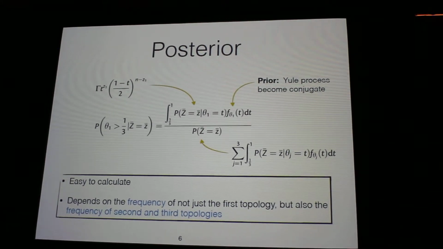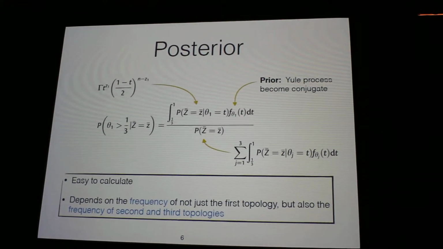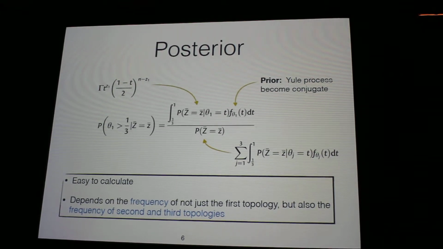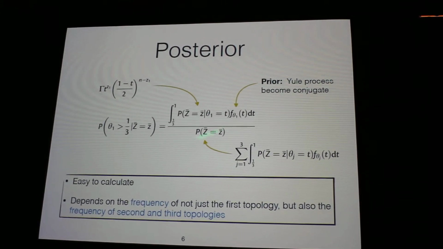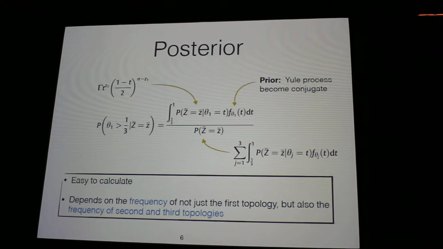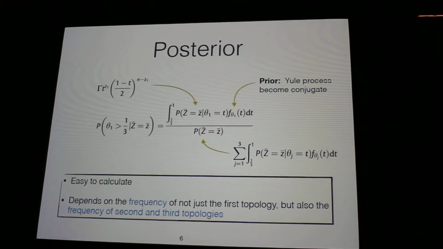It turns out that if your species tree is generated by the Yule process, your prior becomes conjugate to your likelihood, and it all works out and becomes nice and easy to compute analytically. And the posterior that you get is going to depend not just on the first topology, but also the second and the third topology, as you would expect.